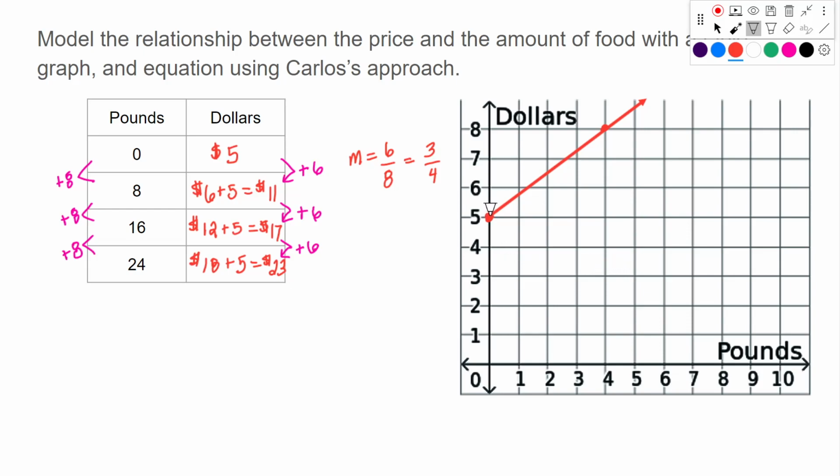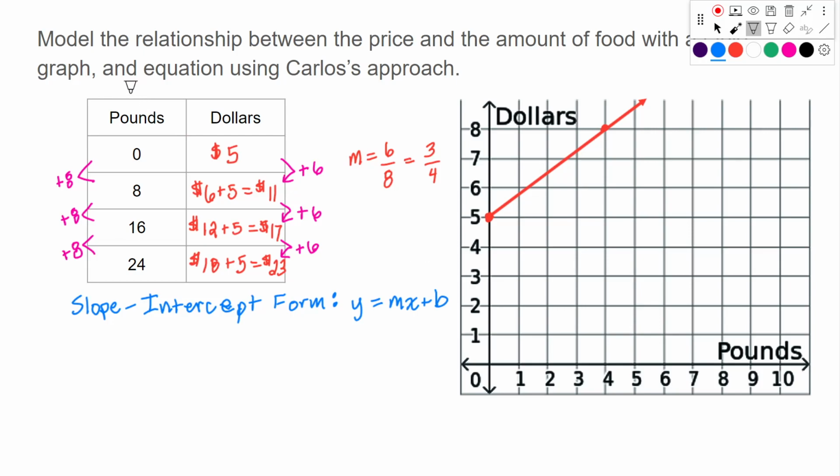We have a y-intercept of 5, and we have a slope of 3/4. So our function can be written in the slope-intercept form, y equals mx plus b. So as a reminder, slope-intercept form is y equals mx plus b.